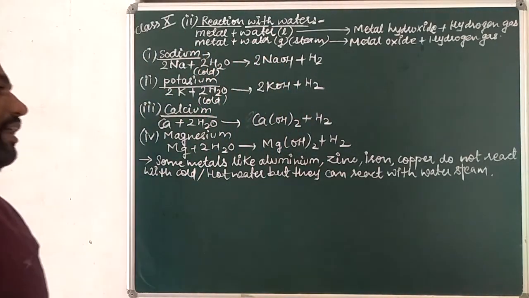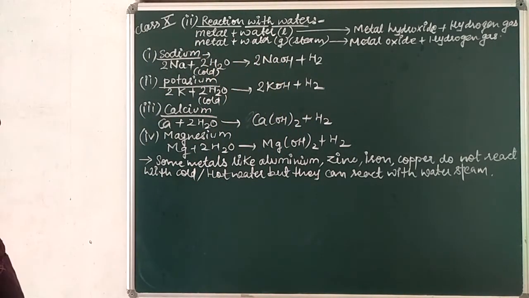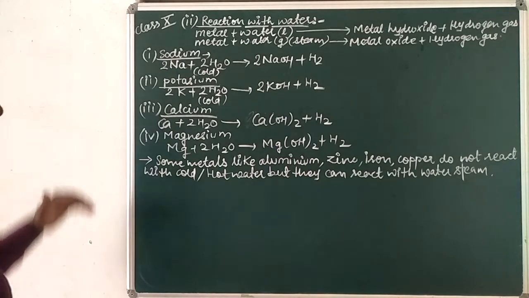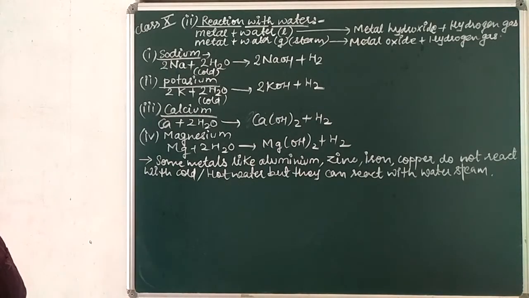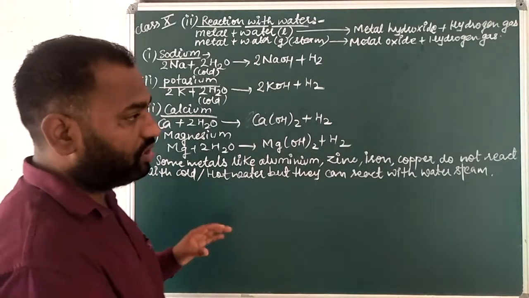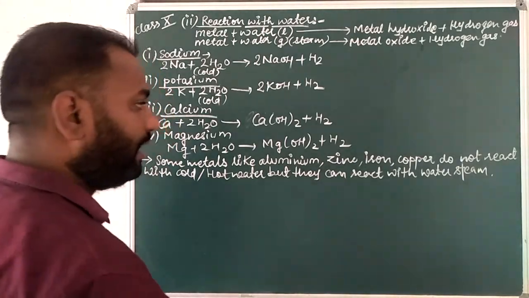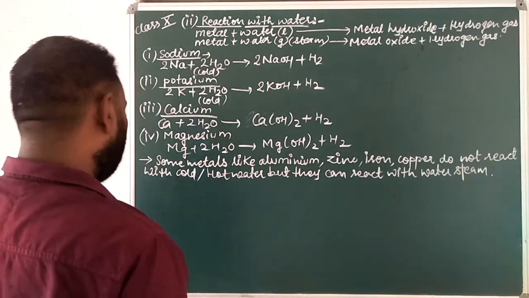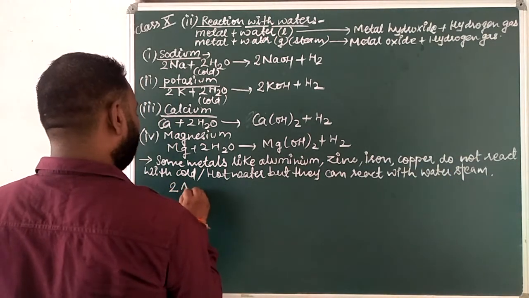That means some metals like aluminum, zinc, iron and copper do not react with cold and hot water, but they can react with steam. So how can they react with steam? Look, for the different examples, like aluminum.